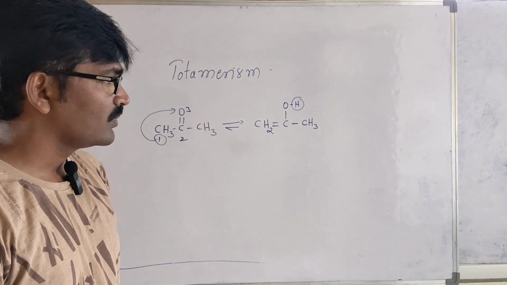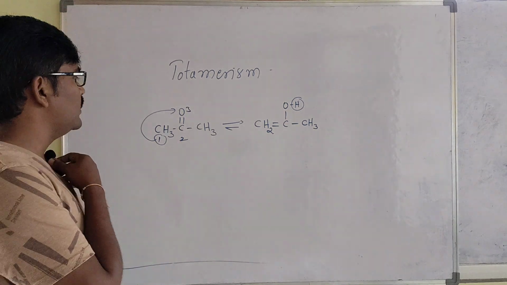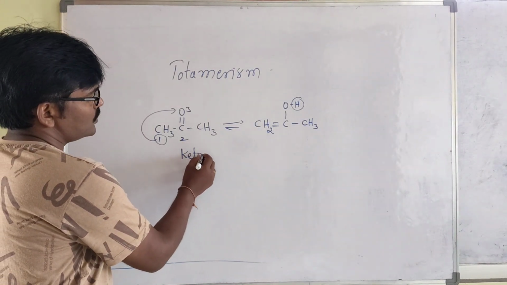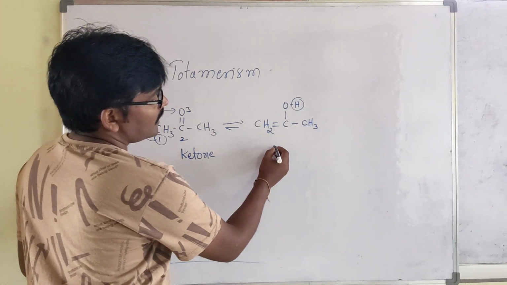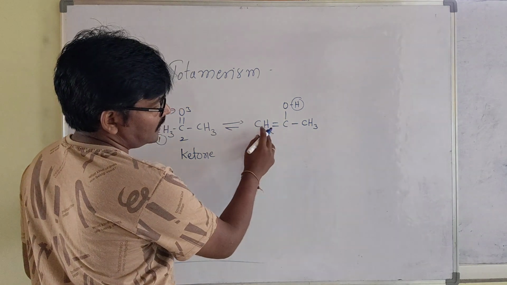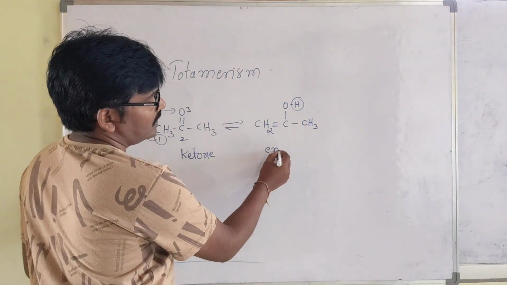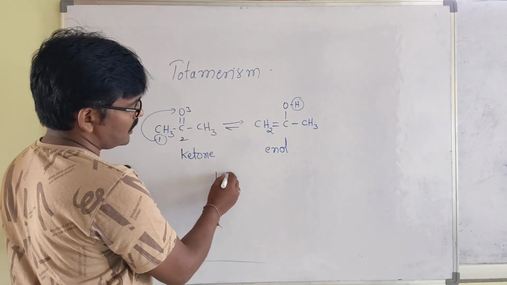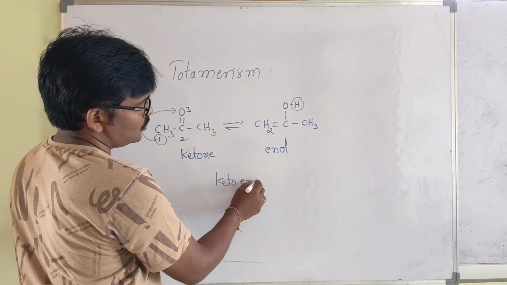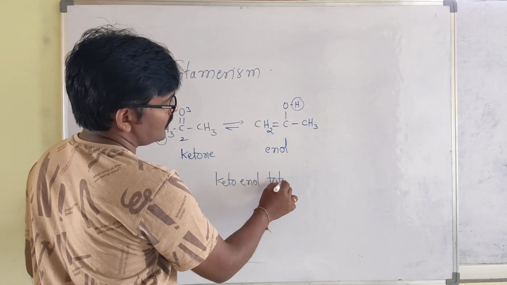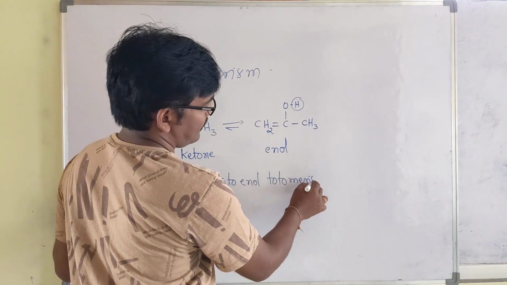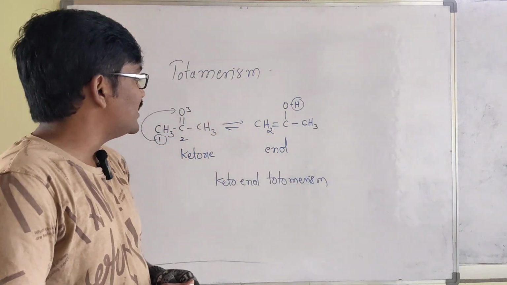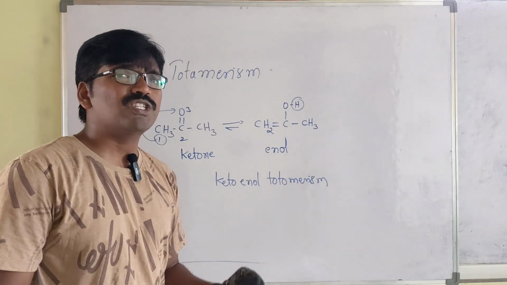So this is the ketone. Then here is the ene, CH2 double bond C, then OH. This we call keto-enol tautomerism. In keto-enol tautomerism, which is more stable?